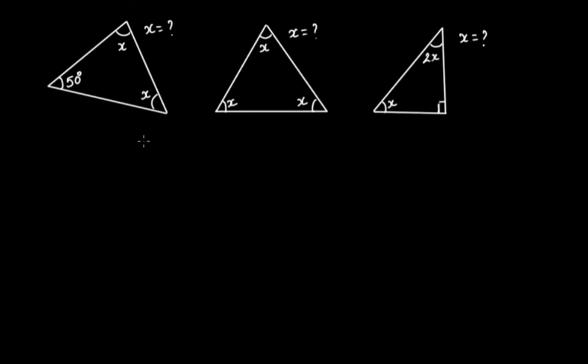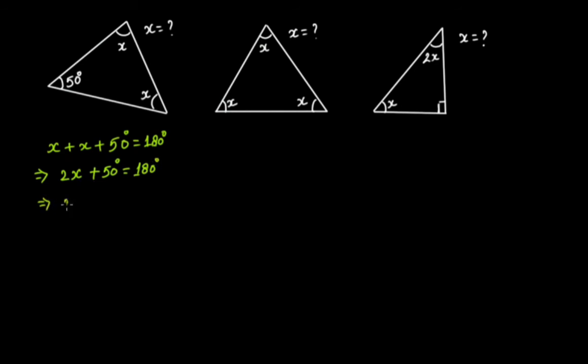In these cases, again, you have to find the value of x. So in this case, x and 50, same angle sum property. According to angle sum property of a triangle, x plus x plus 50 degree will be equal to 180 degree. x plus x means 2x, 2 times x, right? 2x plus 50 degree is equal to 180 degree.